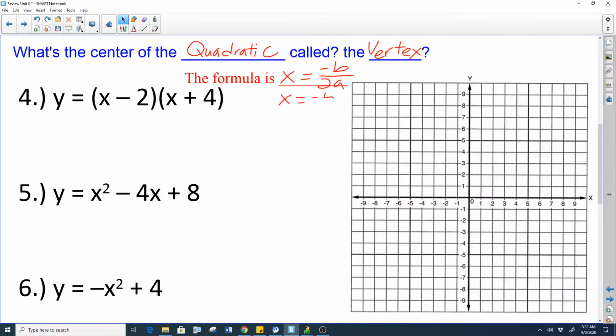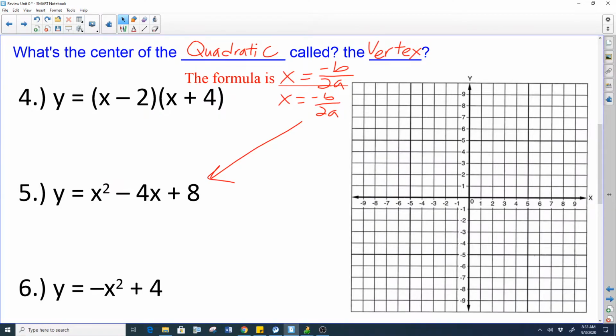X equals negative b over 2a. This is just for finding the vertex, just for finding the center of the parabola, okay? You remember this? That specifically applies to number 5, actually. Yeah, no, it applies to number 4 too.